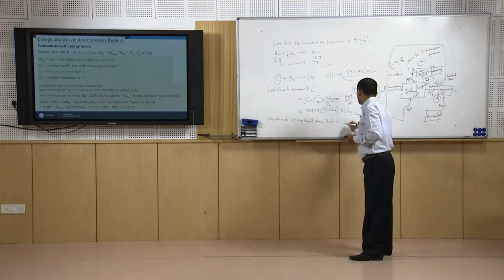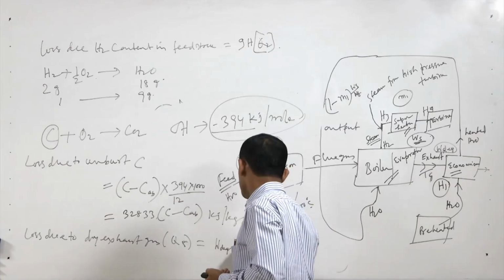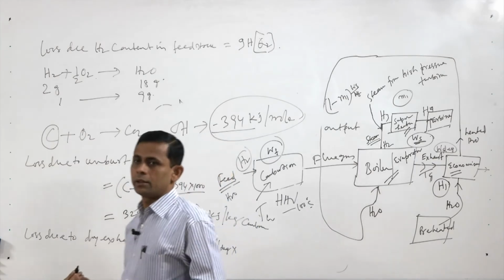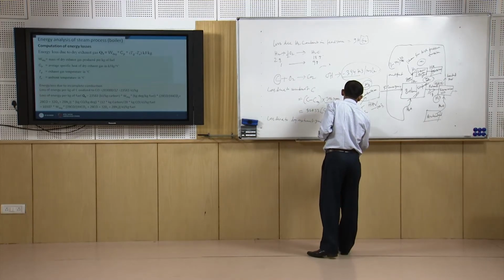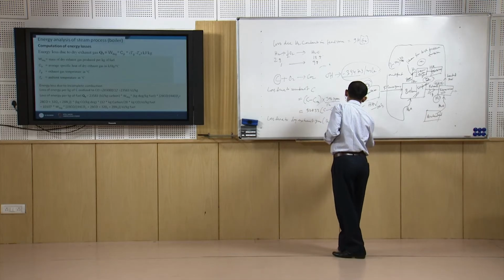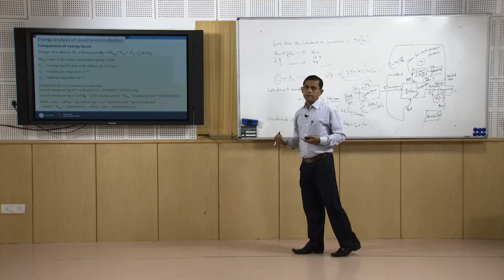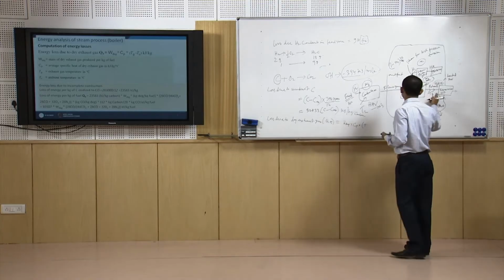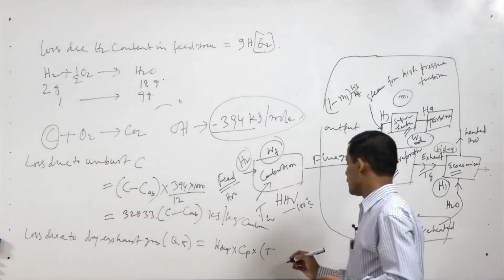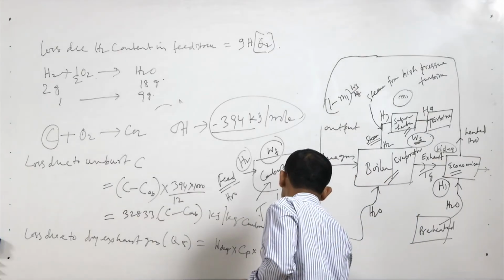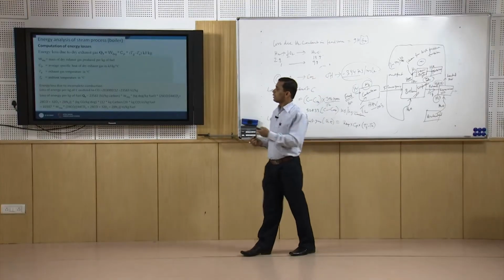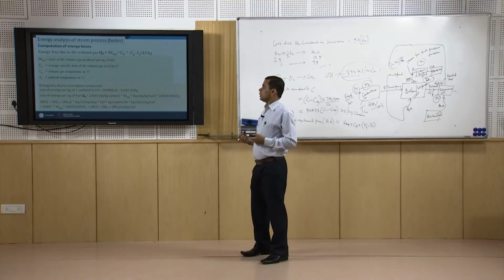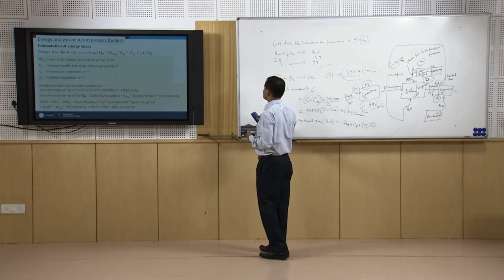Then W DEG into Cp dT, so Cp of that gas into dT. What is dT here? That is Tg minus Ta. So, this is Tg and originally we had that Ta. So, Tg minus Ta is the amount of heat loss we get due to this reason.